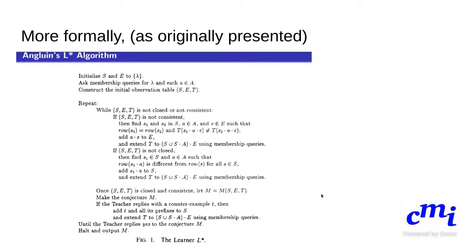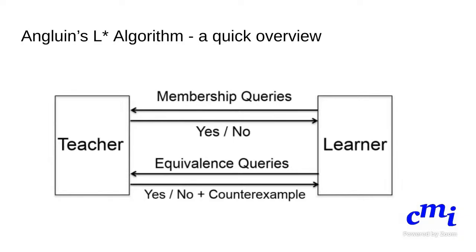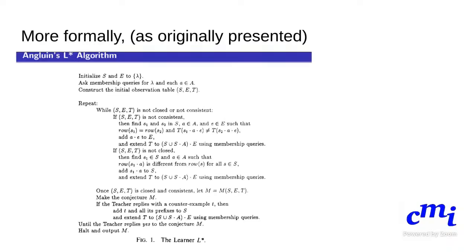I will not go into the detail of it, but I'll tell the crux. So this was the general setting in any learning algorithm environment. But what the novelty of L-star was, is that L-star tells us what sequences of membership queries the learner should make, and when to ask the equivalence query.